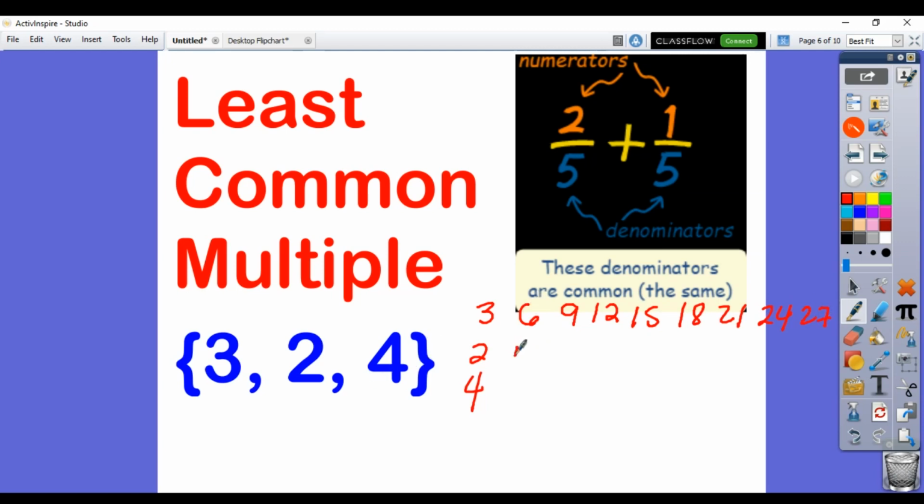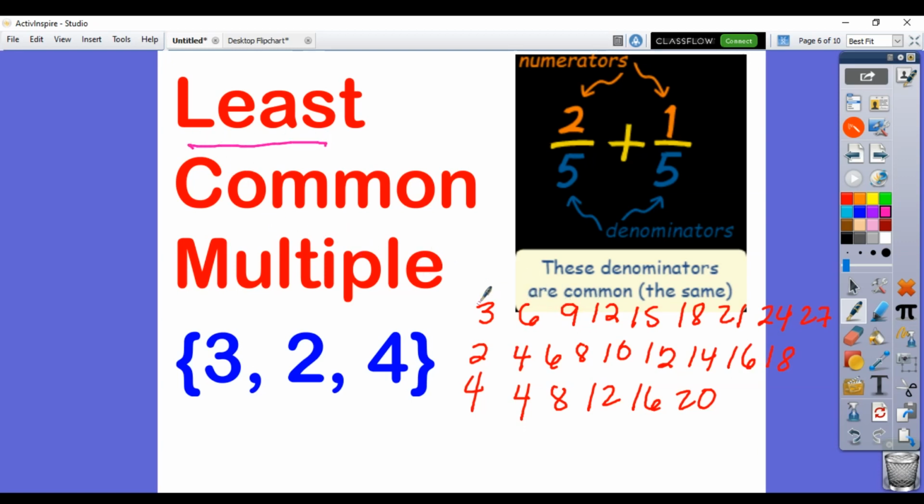What about 2? 2, 4, 6, 8, 10, 12, 14, 16, 18, and so on and so forth. 4, 8, 12, 16, 20. Now, it could go more, but you only have to find the least one, the smallest.